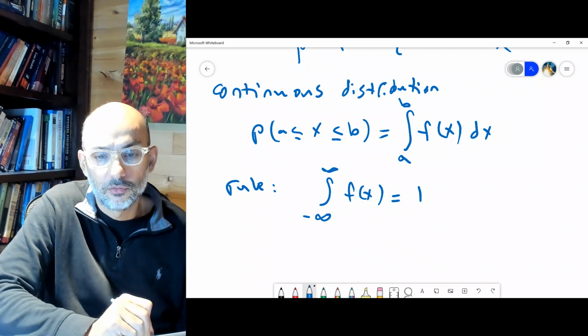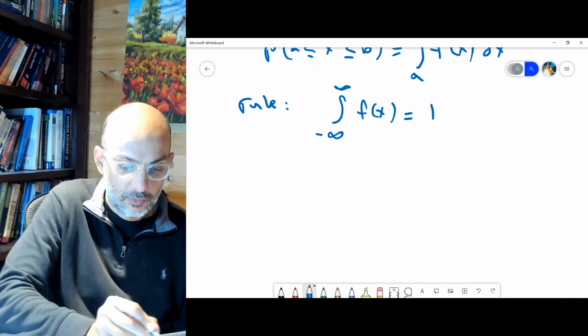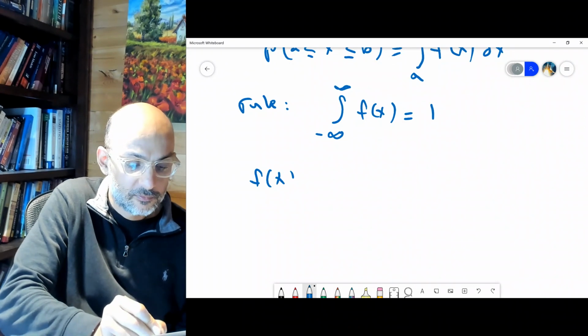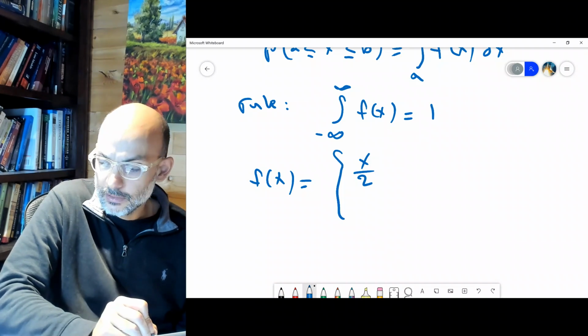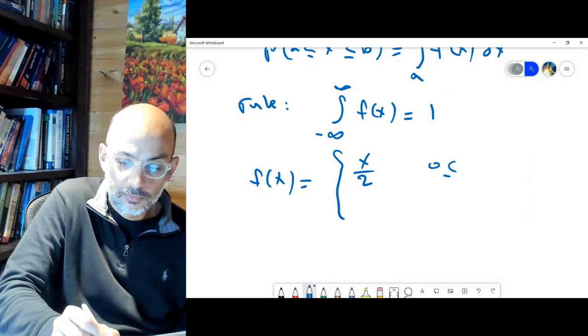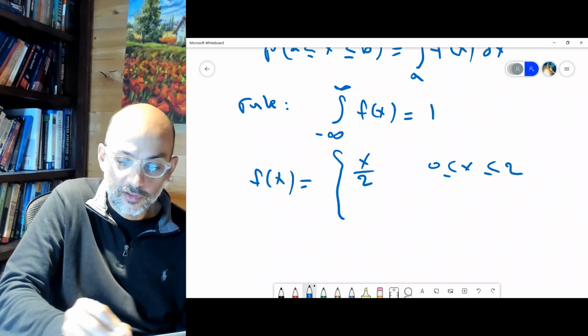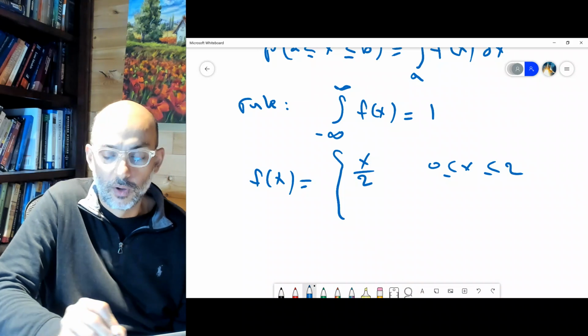Always 1. So let's take one example. Let's take the function f of x equals x divided by 2. To make it a valid probability function, it should be defined over an interval of x, because if you integrate over the whole interval, it must give you 1.